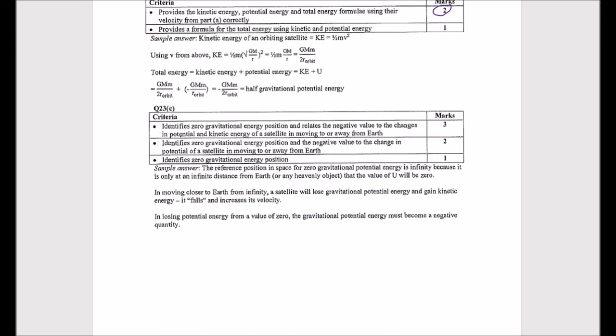And for the last part, the answer identifies the zero gravitational energy position and relates the negative value to changes in potential and kinetic energy when moving to or away from the Earth. That's 3 marks there as well.